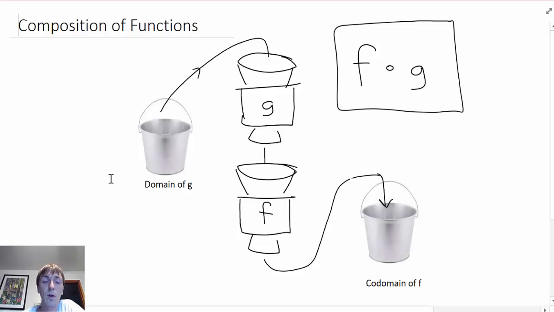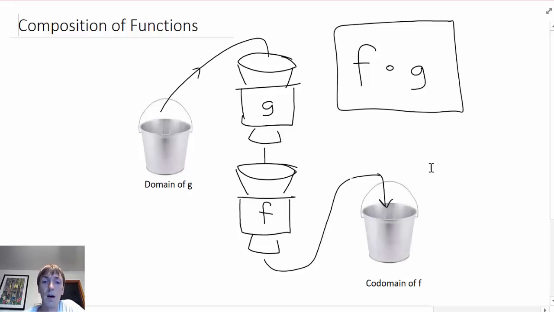In the diagram, the way this works is we take our input and first we plug it into g, take the output from the g function and plug that into f, and then take the output from that, and that's our final output, which is going to go into our codomain. So notice to make this work, our input has to come from the domain of g, and the final output is going to end up being in the codomain of f.